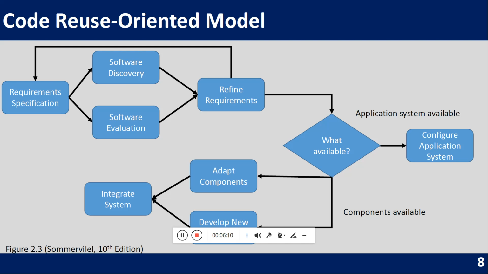You negotiate between the existing software and the requirements, and then we find the conclusion whether it's available or not. And if we have already found some existing system, we are just going to change some parameters or change the name of this system and just configure this application system.